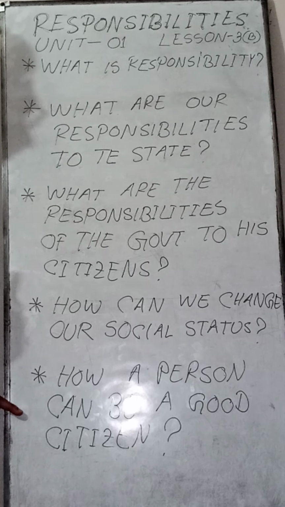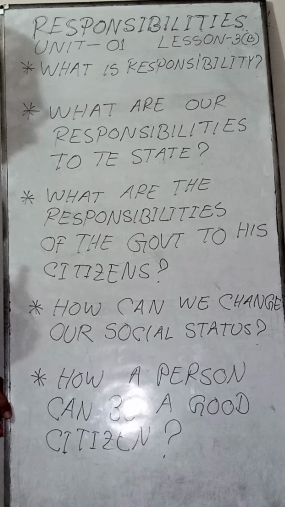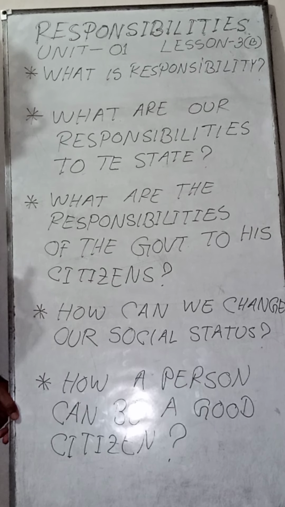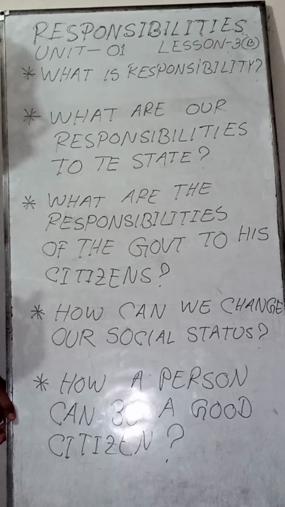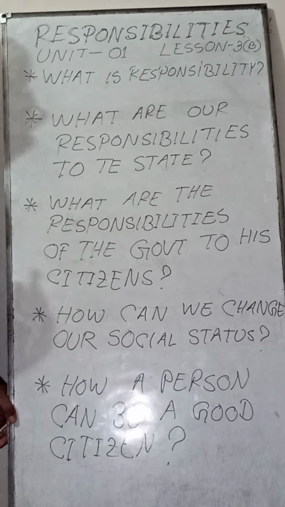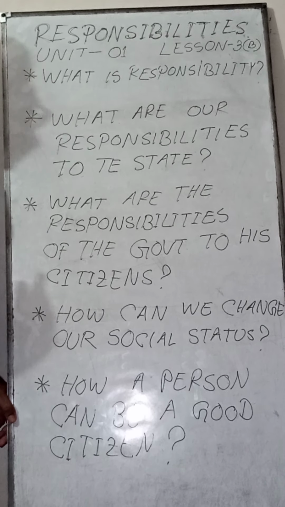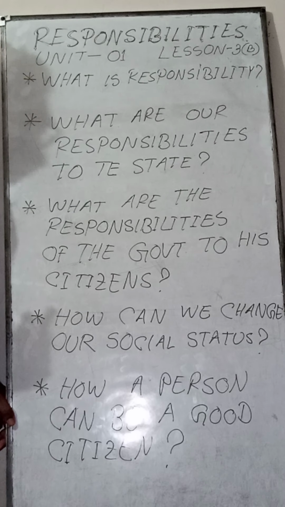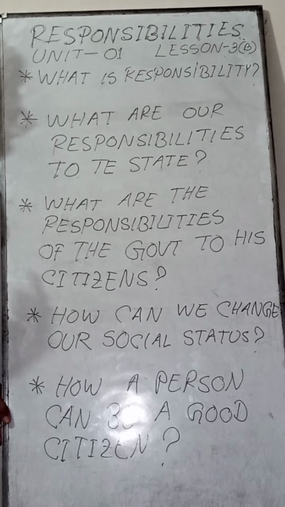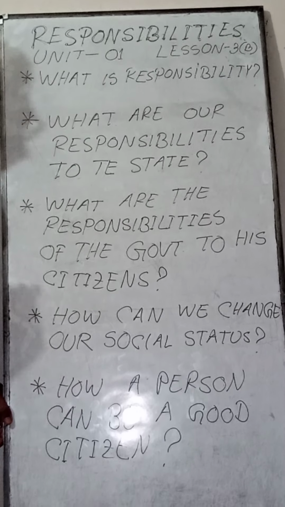But how can we be a good citizen? We can be a good citizen by knowing. We have to know our history, our culture, our tradition, our judicial system, our fundamental rights, our geography, our ancestors, and our people.